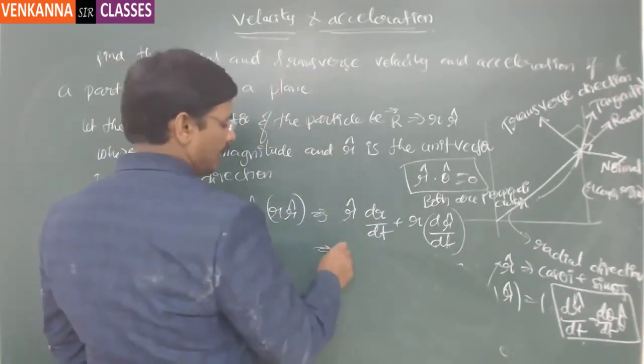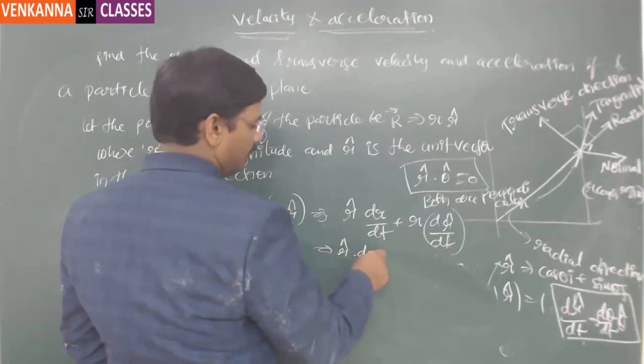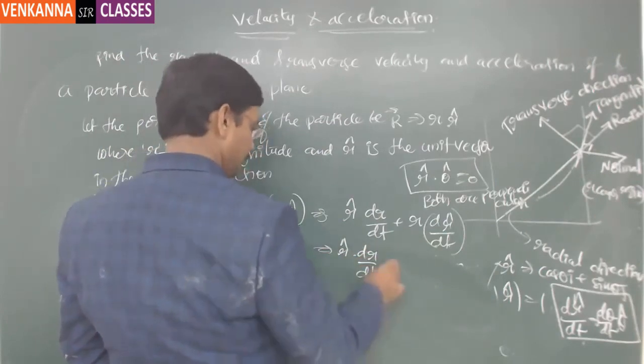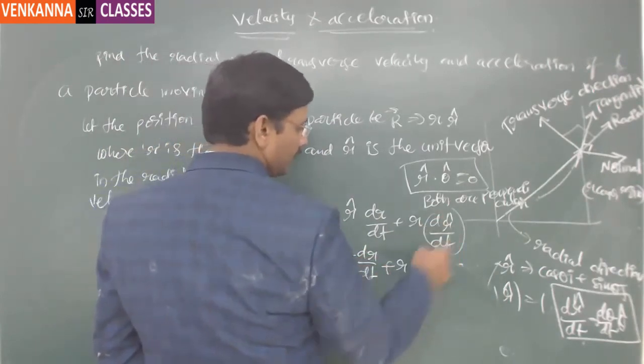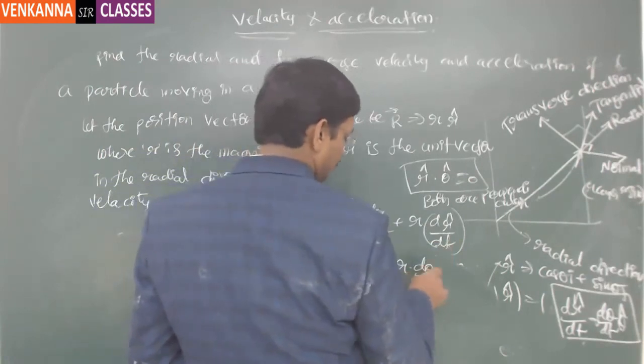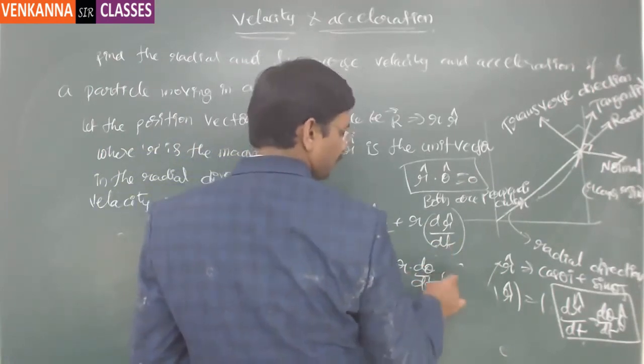this is r cap into dr by dt plus r into, so dr cap by dt is d theta by dt into theta cap.